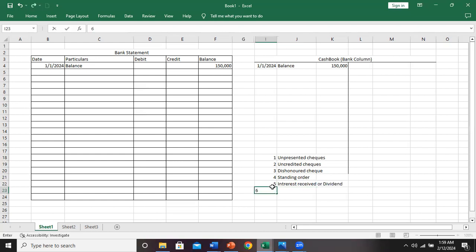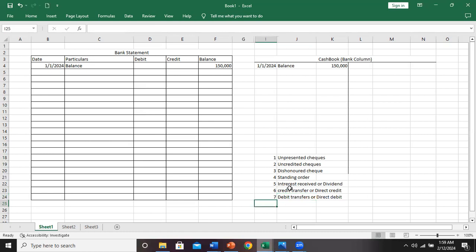Okay, I think we have about 4 or 5 more to go. Let me also add the credit transfer, or what we call the direct credit. And we also saw debit transfers, or direct debit.